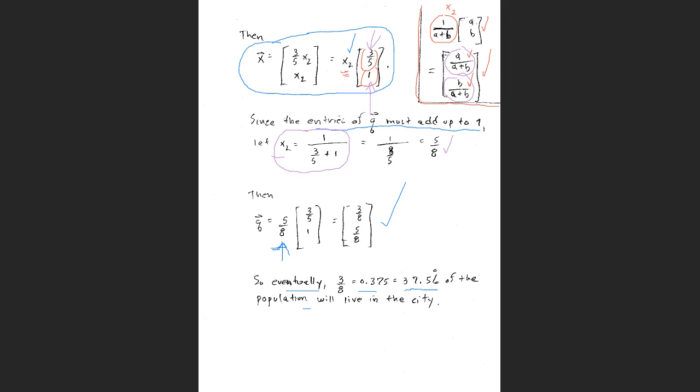Well, the suburbs eventually is going to have 62.5% of people in the region. So this is one factor to consider when you open a business, whether you're going to put it in the city or the suburbs. You want to know how the region is going to develop over time. This is a simplified model, but you get the general idea. There are reasons why businesses open in certain areas, whether it's a city or the suburb.